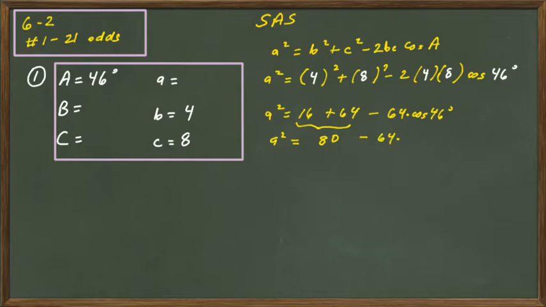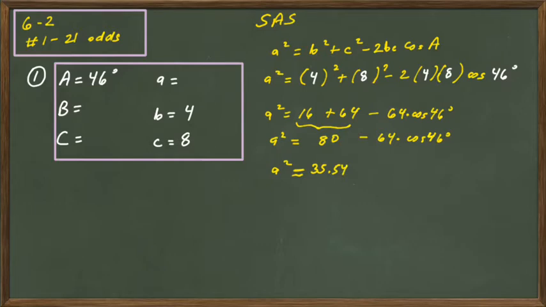But I do need to multiply before I can combine anything, so we're going to punch all this in on our calculator. So I have 80 minus 64 cosine 46, and I'm in degree mode. Tells me that A squared is about 35.54.